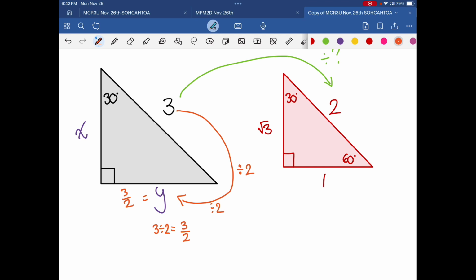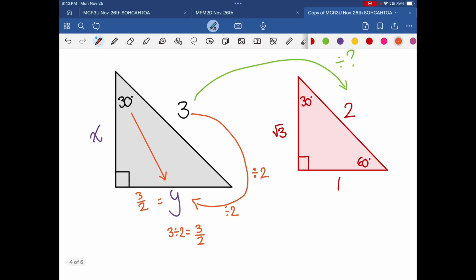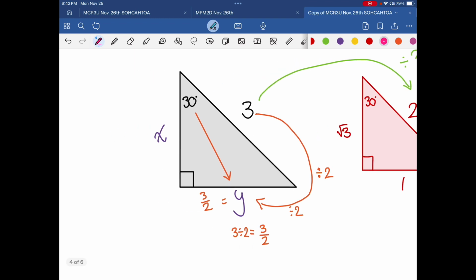Once you've figured out the side length opposite to 30 degrees, the side length opposite to the 60 degrees is simply made by multiplying the side length opposite to 30 degrees by root 3.